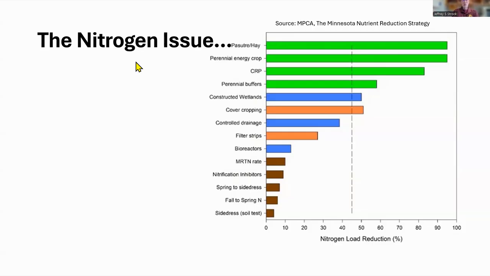Maybe somebody's growing some switchgrass for an energy crop. Brad highlighted land retirements, and so we may have some land in CRP. These kinds of practices where we have perennialization far exceed what's necessary for achieving that 45% reduction.